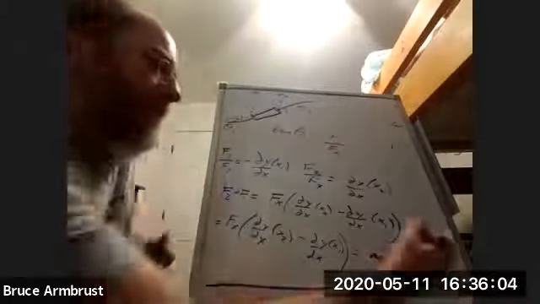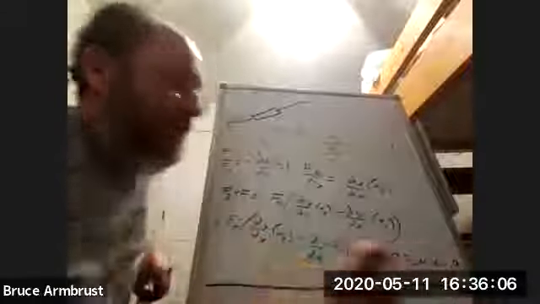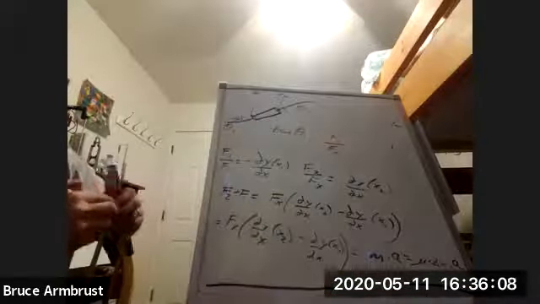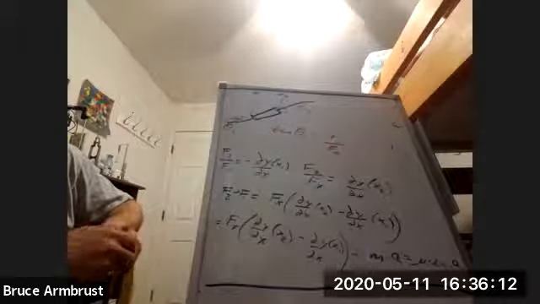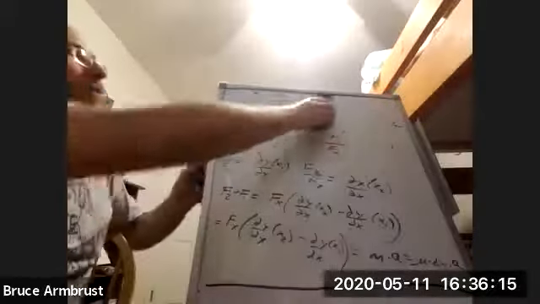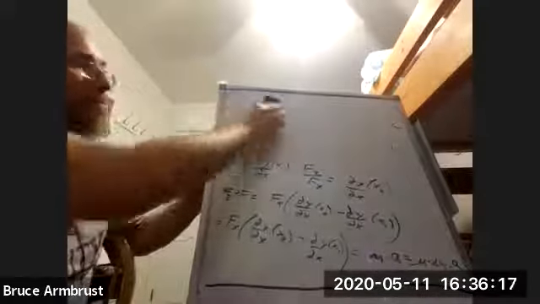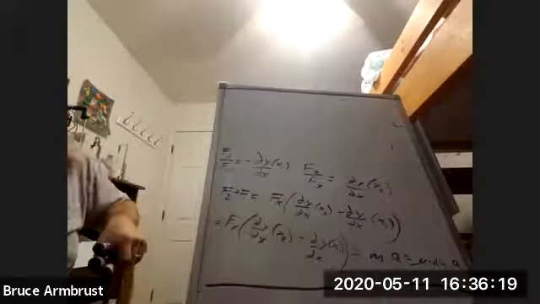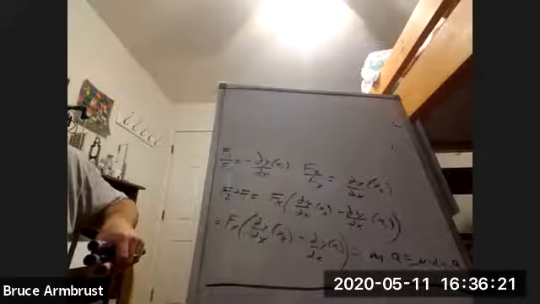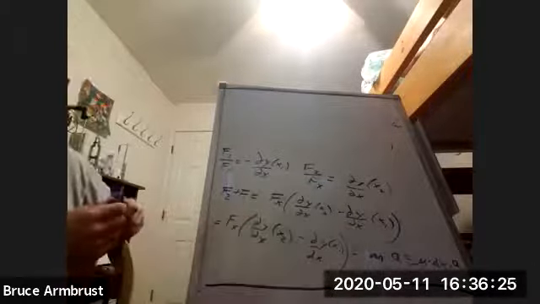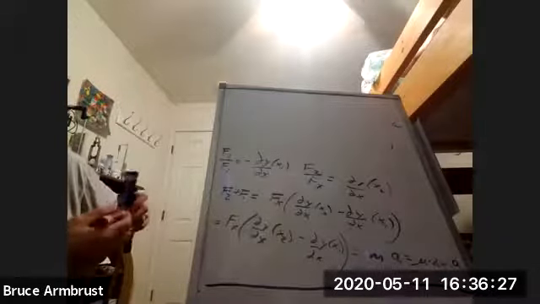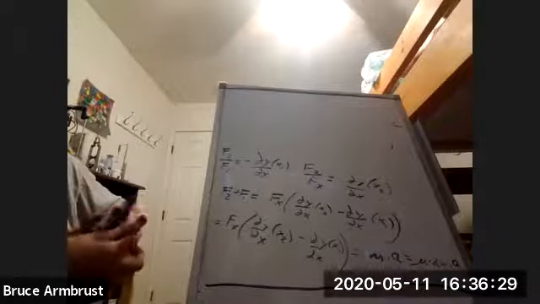Okay. I apologize, it looks like a 9. Well, let me just do two more things real quick. One, I'm going to divide by the delta x. And then the second is, if we look at acceleration, acceleration is a second derivative with respect to time.